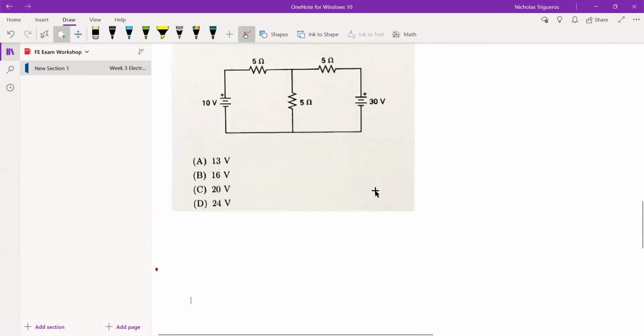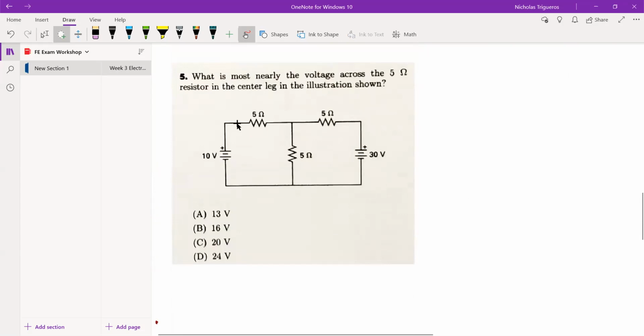We have to define I1 and I2 going this way, two loops, Kirchhoff's loop rule. We have to find both of these currents, because they give us the current in the middle. Then we do V equals IR, and we can get the voltage across.